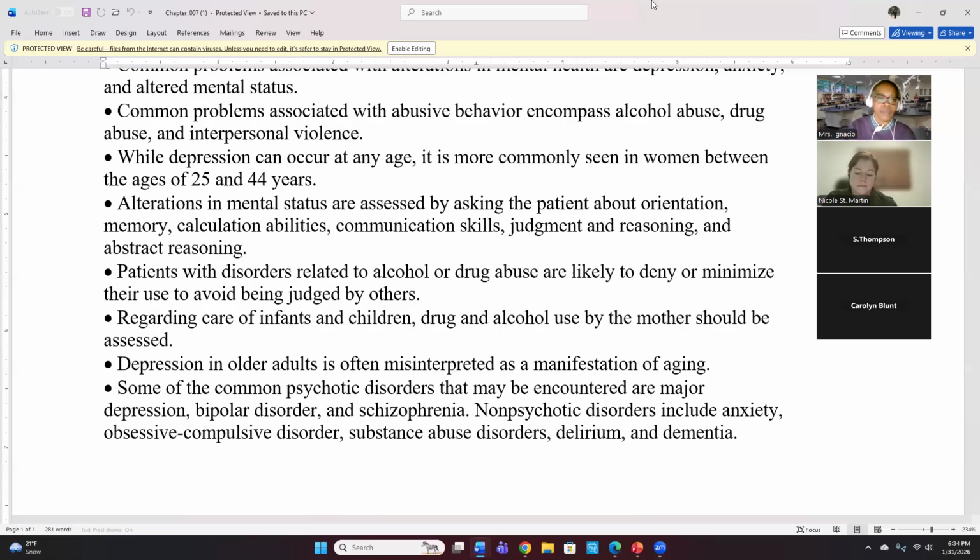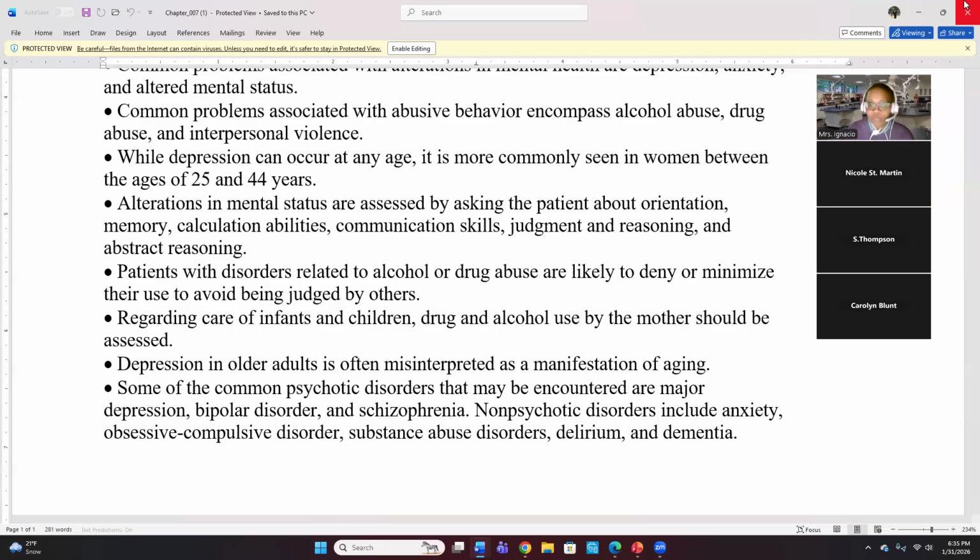So going back to the depressed patient, all of you mentioned some great things. Is this patient able to carry out their ADLs, or activities of daily living? Are they experiencing hypersomnia, sleeping too much, or insomnia, not sleeping enough or not getting restful sleep, not able to stay sleeping? Are they overeating? That can be your depressed patient. Are they not eating enough, right? Are they malnourished?